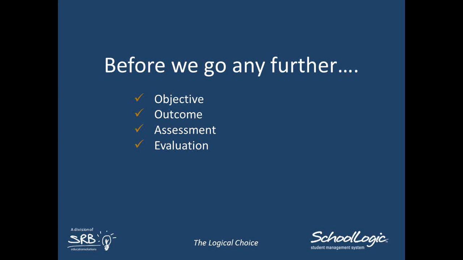The top pair, objective and outcome: we hear a lot of talk in education circles about outcomes. Well, in our software, only the TeacherLogic screens literally say outcome. In SIRS 4 and SchoolLogic, you'll see the word objective. In our software, objective and outcome are interchangeable.